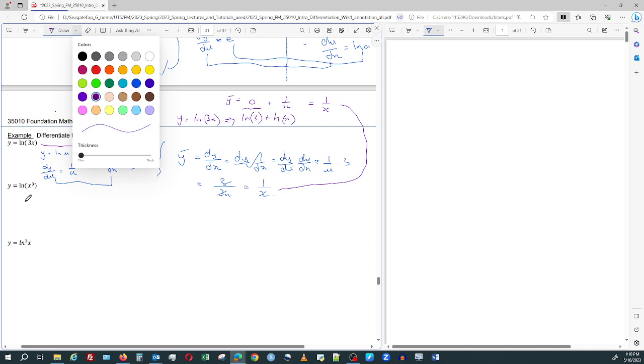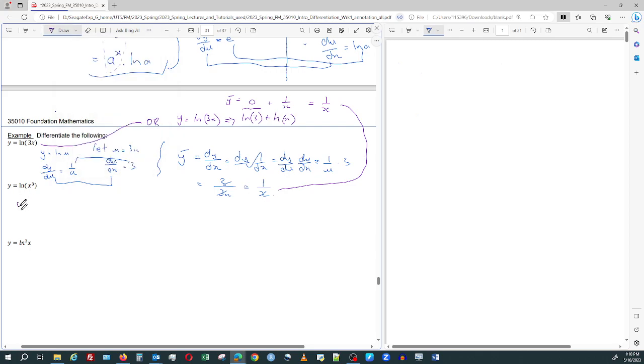So we would have this as pre-work. Now you don't need to do it this way, the ln of x. So it's just a product. So if we go and do y dash, the 3 will remain because it's a product, and the ln of x is 1 over x, so it'll be 3 over x. Now that's one way of doing it. You can see that's got some merit in it.